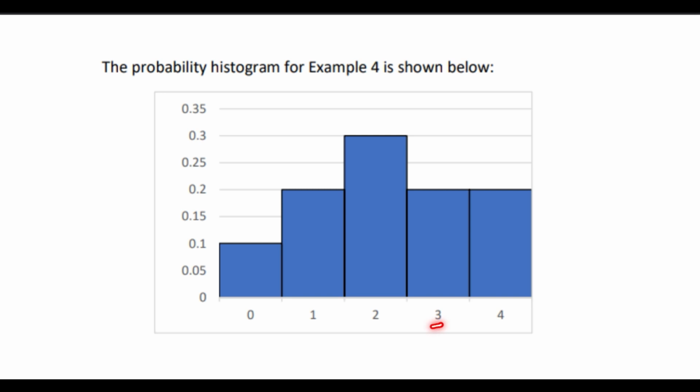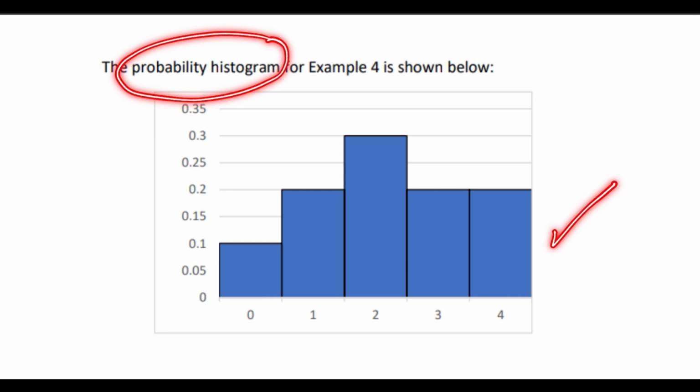If the random variable is 3, the probability is 0.2. And if the random variable is 4, the probability is 0.2. So just simply draw or sketch the graph using the probability histogram. That's the histogram of the example given.